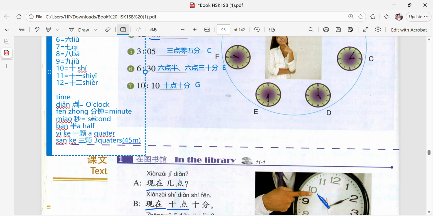So now, very good, very good. Thank you, Shayla. So like, diǎn is o'clock, and then fēnzhōng is minute. Are we together? Fēnzhōng. We also learned miǎo. Miǎo is second. Okay. We have fēnzhōng, which is minute, and then miǎo. Miǎo is a second, like 1 second, 2 seconds.